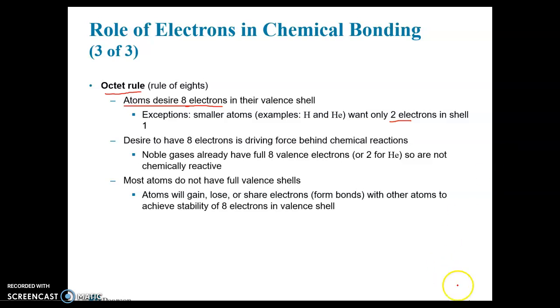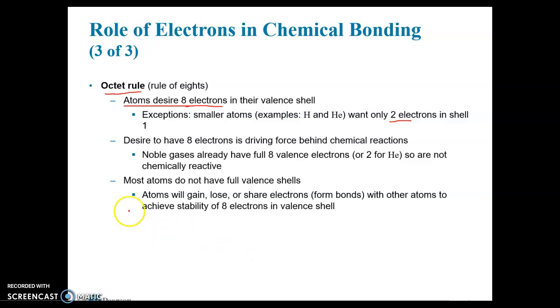Unless they are in the group called the noble gases, atoms will gain, lose, or share electrons to achieve 8 electrons in their valence shell. So that's why chemical reactions happen: in order to fill the valence shells of the atoms involved.